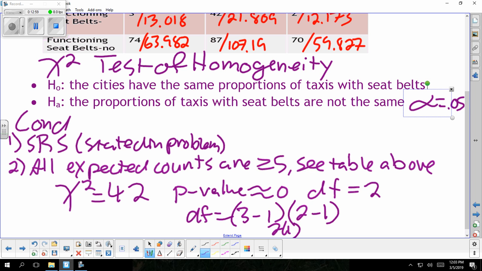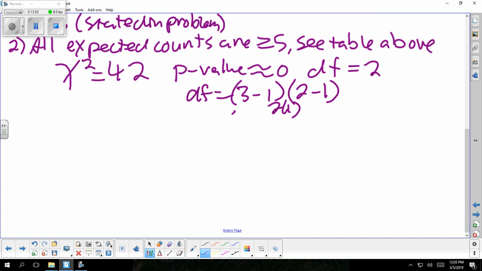They're fairly straightforward. So since 0 is less than 0.05, we're going to reject our null hypothesis.